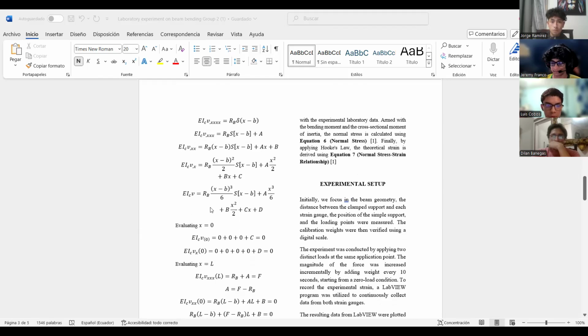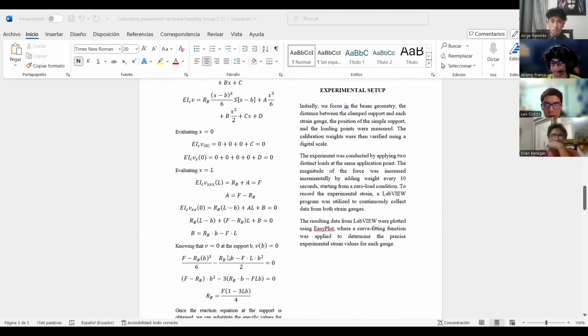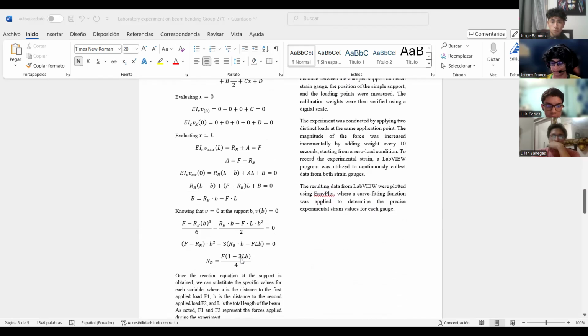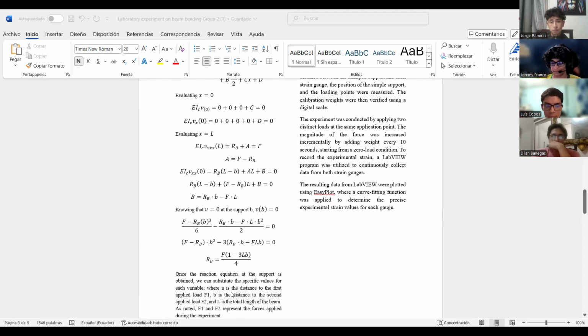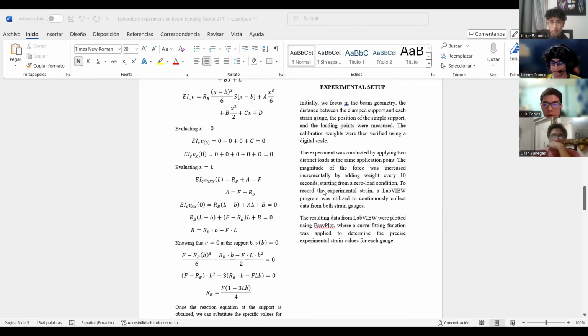We solve the problem here, evaluating at the boundary conditions in this case, and we find the equation for the reaction at B. With this equation and the values that we got in the experiment, we can plot the graphs. Thank you.